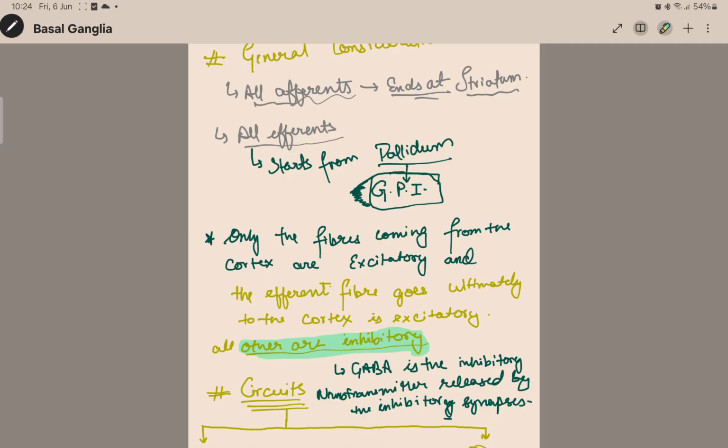Only fibers coming from the cortex are excitatory. The efferent fibers going ultimately to the cortex are excitatory, and all the others in between are inhibitory.